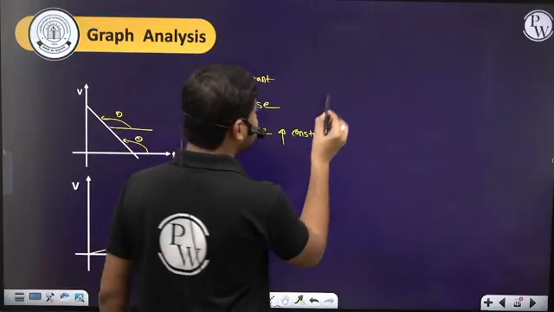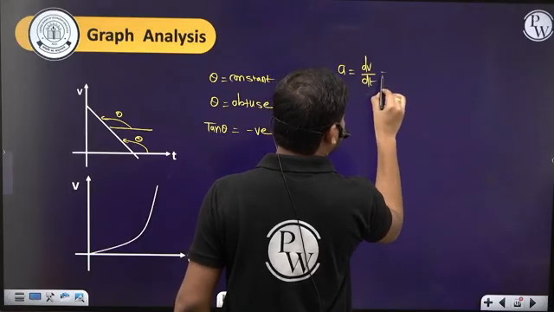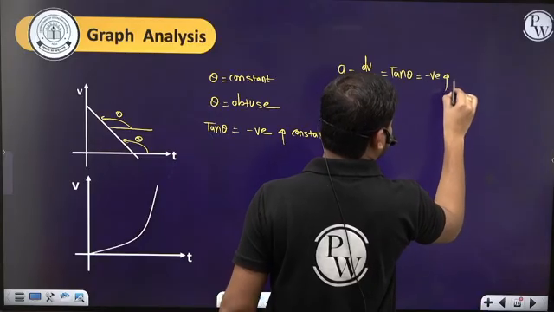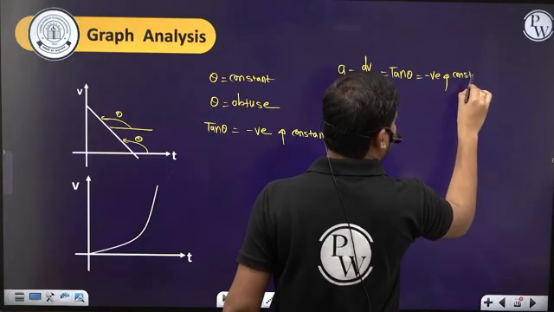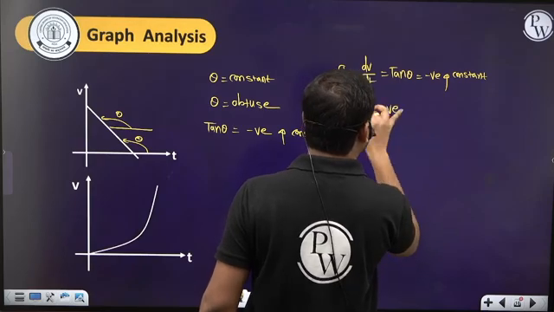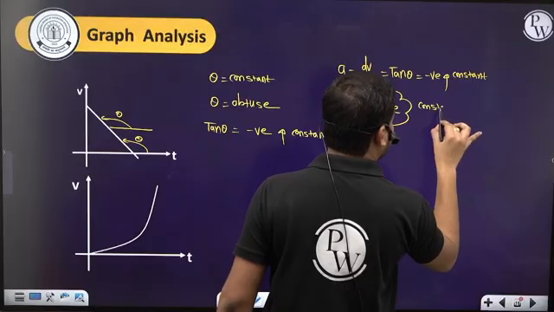So then can we say that the acceleration is equal to dv by dt, which is equal to tan theta, which is negative and constant. So that's why here the acceleration is negative and it is constant.